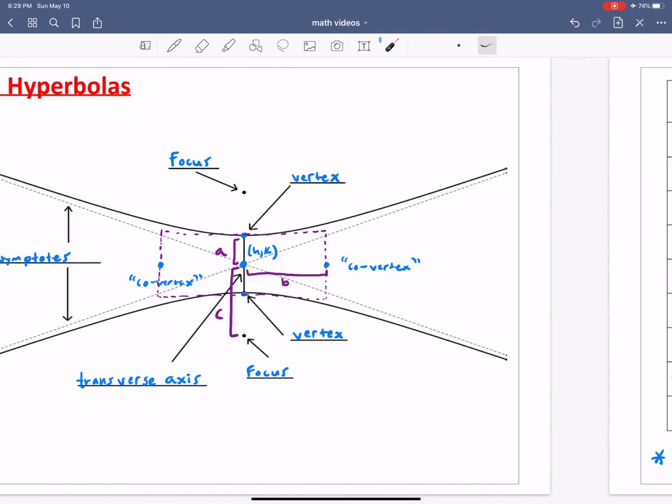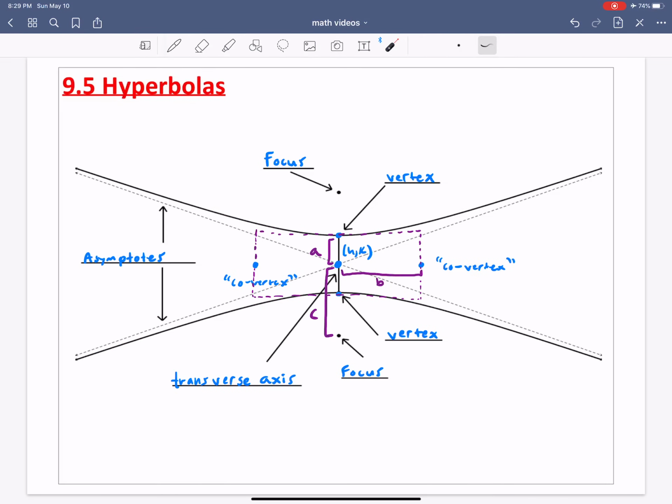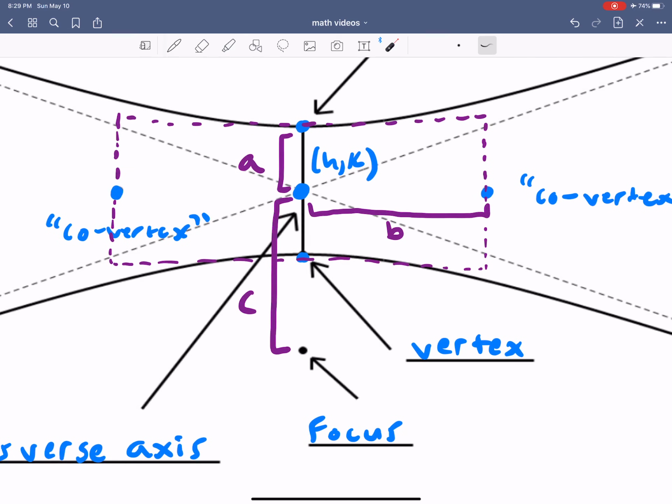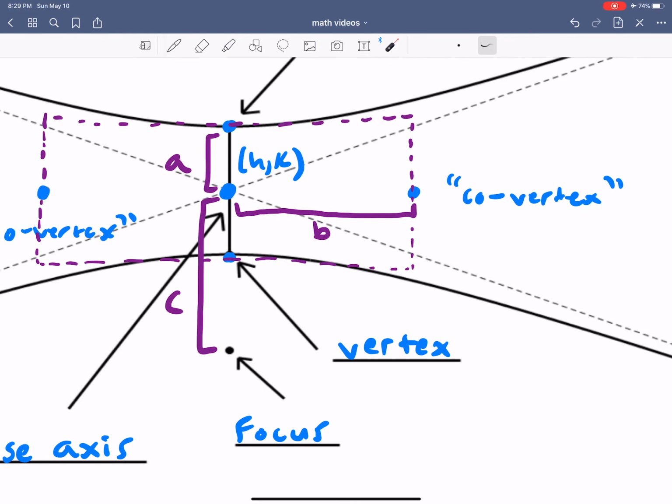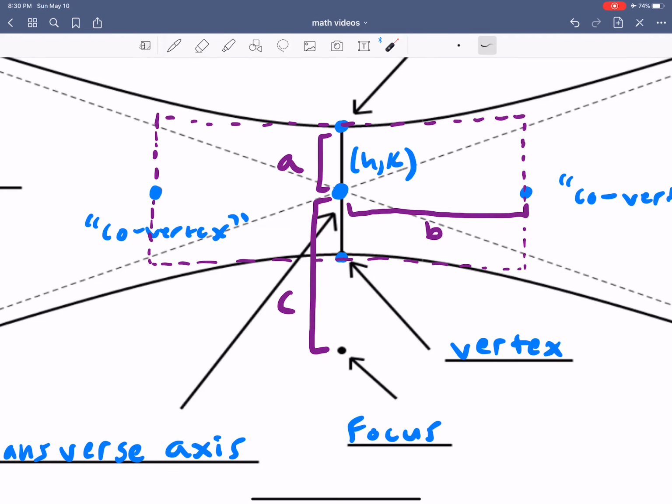Now go back and look at your picture. Let me zoom in on this box. Remember that slope is rise over run. So here's the question that you ask yourself when you're identifying the slope of the asymptote. Do you rise a or do you rise b? This is going to depend on the type of hyperbola that you have.